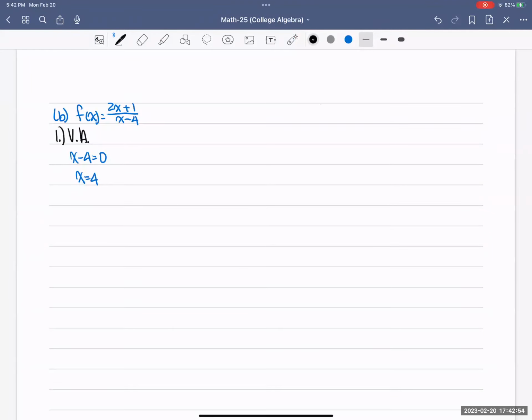And let's graph this. All right, over here at x equals 1, 2, 3, 4. So vertical asymptote at x equals 4.